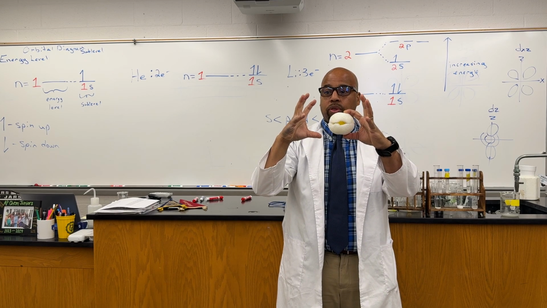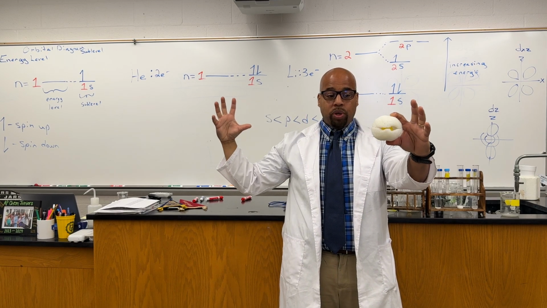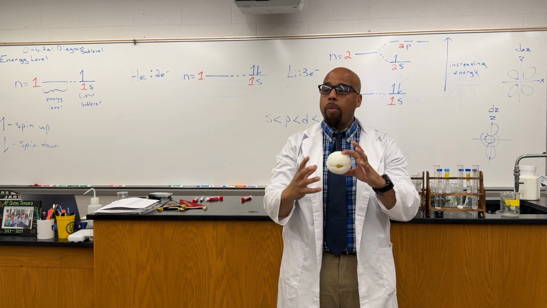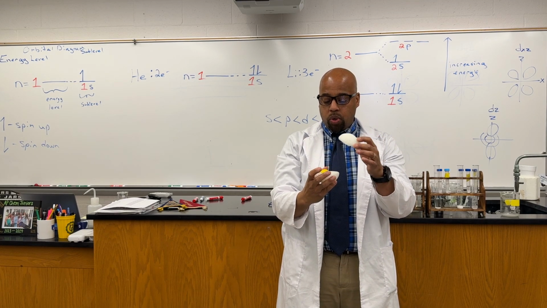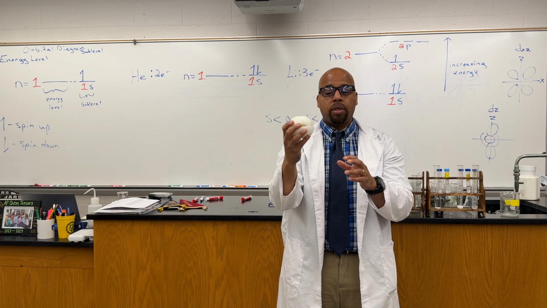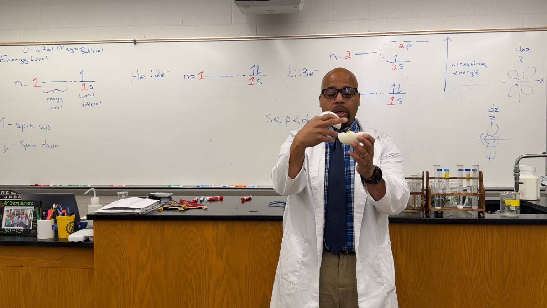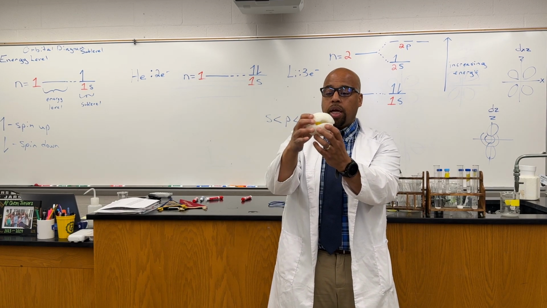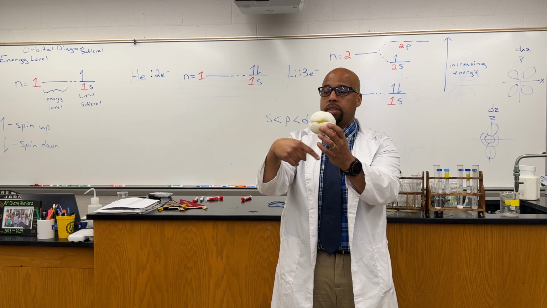It's going to engulf this whole thing. The 4s will engulf everything as well. So the orbitals are going to get larger as we associate them with the higher energy levels. Once again, lithium has 2 electrons on that inner sphere and just 1 electron on this sphere right here.